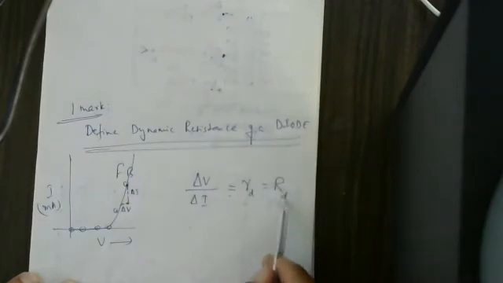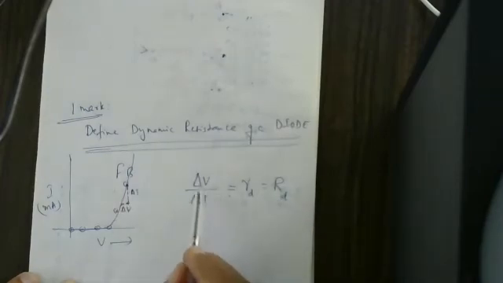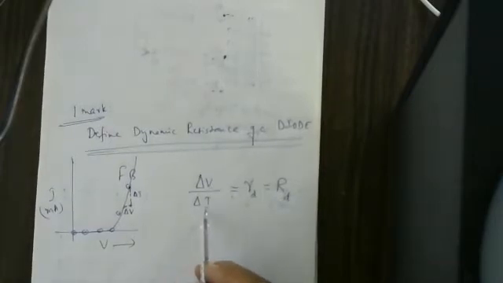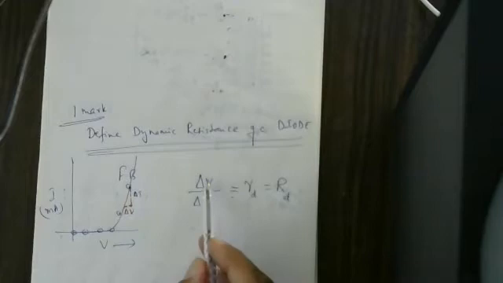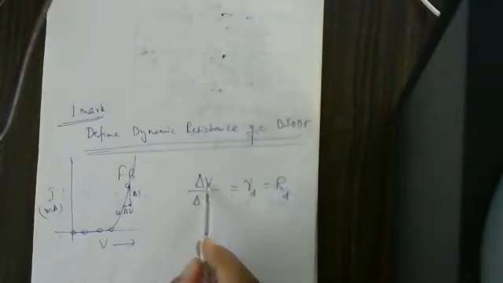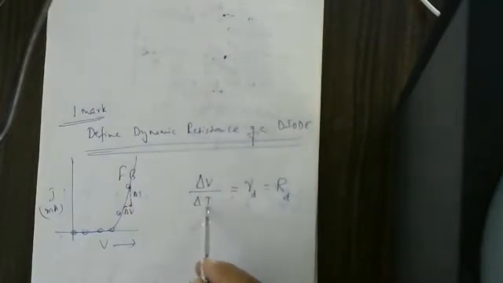Define dynamic resistance of a diode. Dynamic resistance of a diode may be defined as: for a small change in the voltage, there is a small change in the current. The ratio between the small change in the voltage to the small change in the current, this is whatever we have applied, this is whatever we have observed.